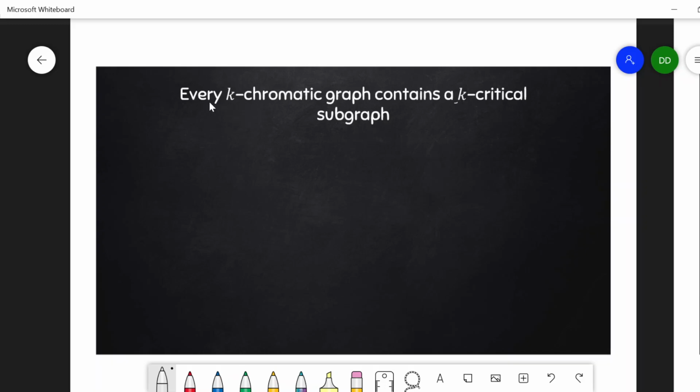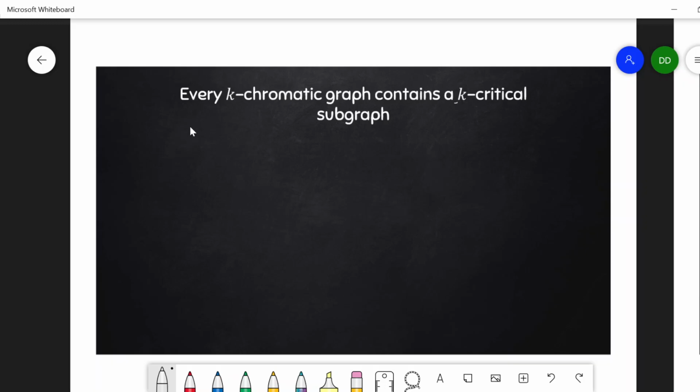So here I just want to illustrate why every k-chromatic graph contains a k-critical subgraph. Well, the idea is if you start removing edges, removing vertices, eventually you'll get to some point where the removal of any edge or vertex lowers the chromatic number.